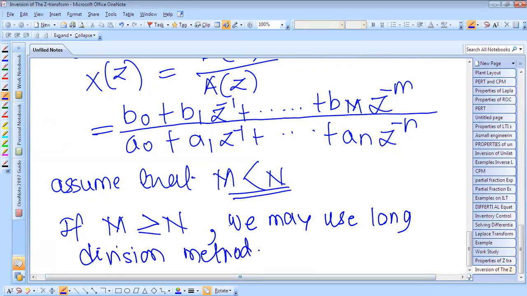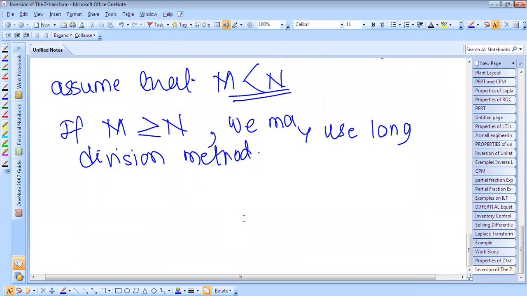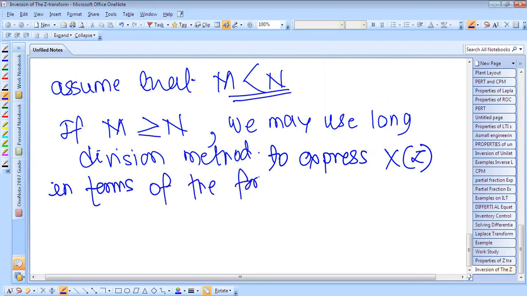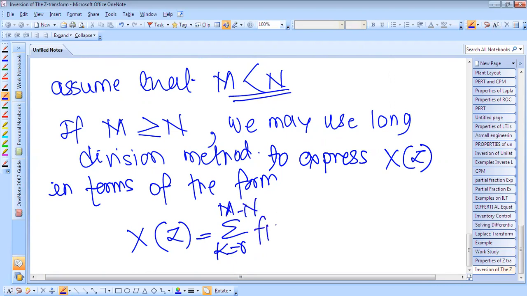We may use the long division method to express x of z in the form x of z is equal to summation k equal to 0 to m minus n of f k z raised to power minus k plus b tilde z divided by a of z.